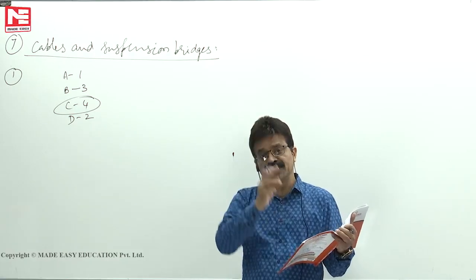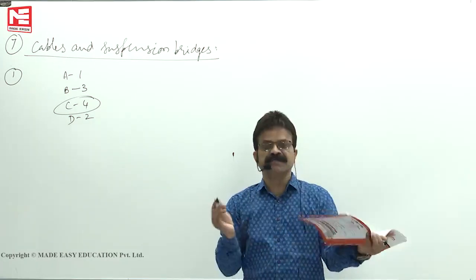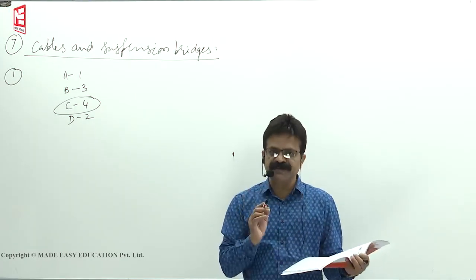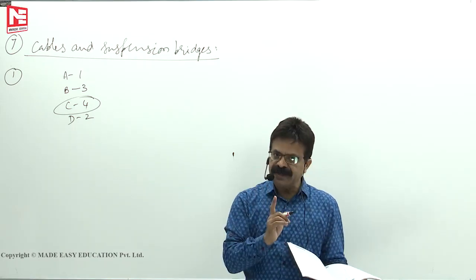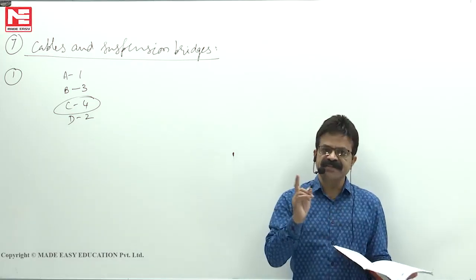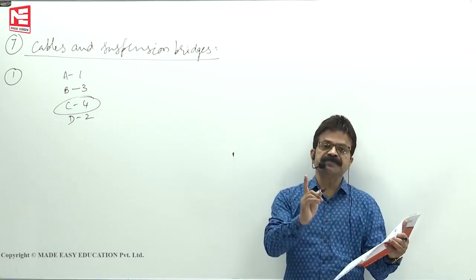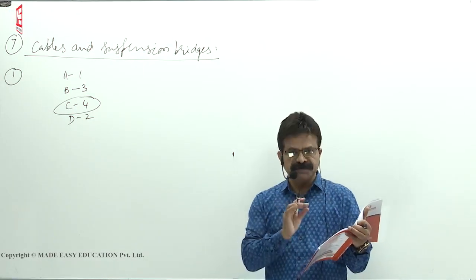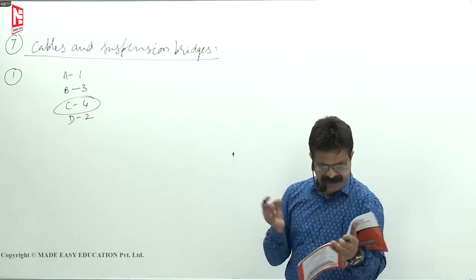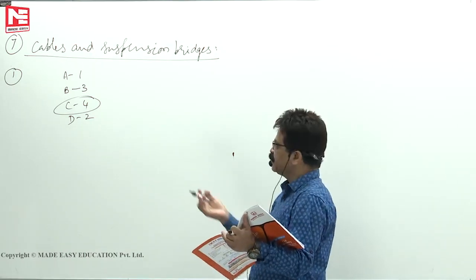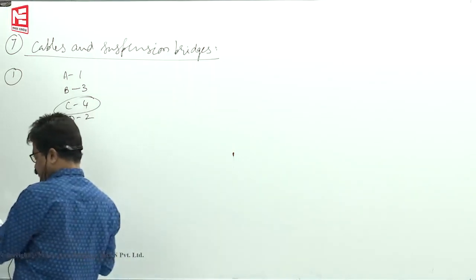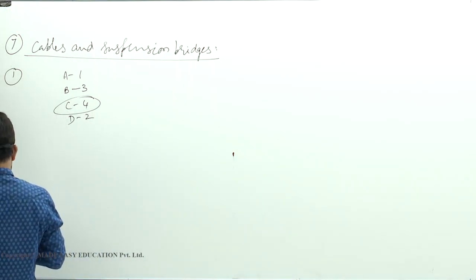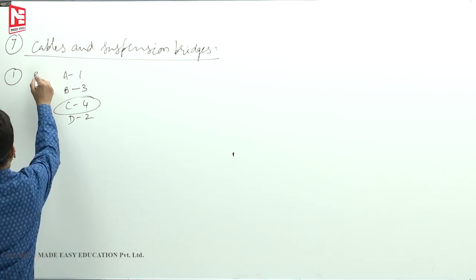Instead of writing that so much story, they have simply written applied loads. But instead of applied loads, you should write it will take the shape of the bending moment diagram of an imaginary simply supported beam subjected to applied loads. That much story should be there. Since he didn't give it, we have no choice. So C4. So first question: 1, 3, 4, 2 means B.